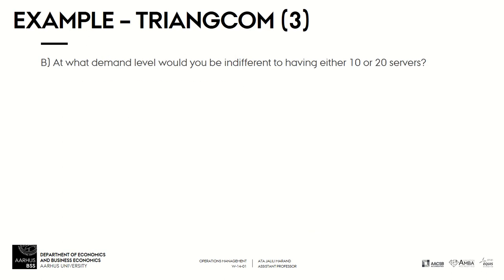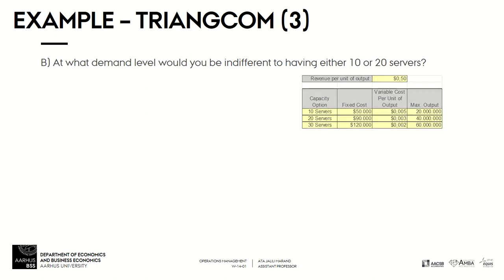In the second part of the example, we want to determine at what demand level the organization would be indifferent between having either the first alternative or the second alternative. To answer this question, we need to equate the total cost functions of the first and second alternatives.